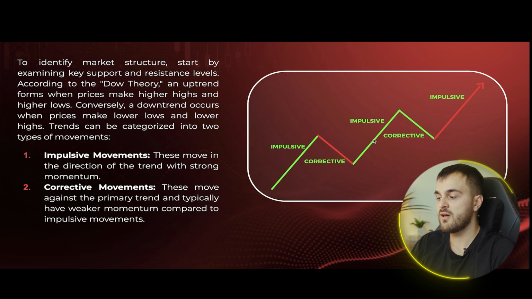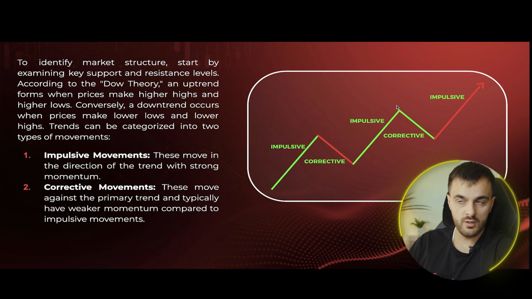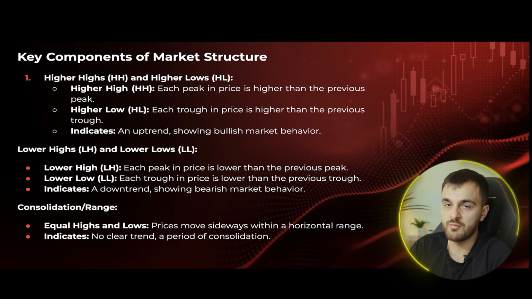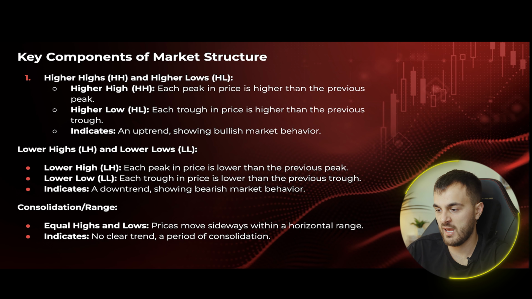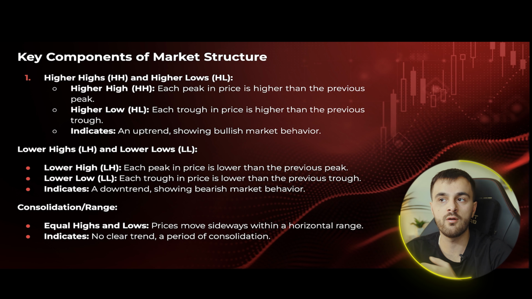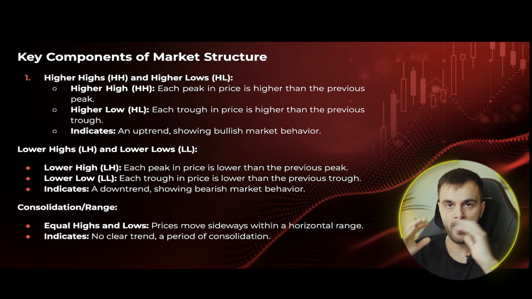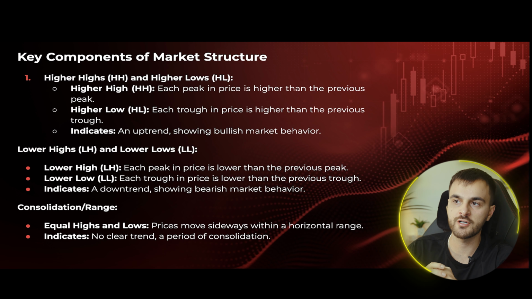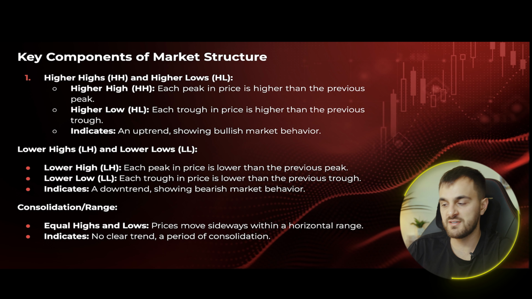We're looking at these as throughs, going through a previous point, all right? So this indicates an uptrend showing bullish market behavior. We have to know kind of where we are in price, where we came from. Where did price come from? That's what market structure can help you identify.